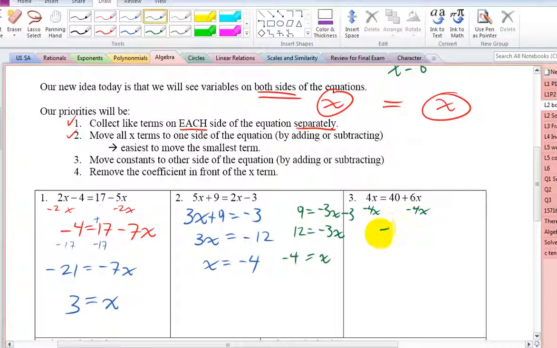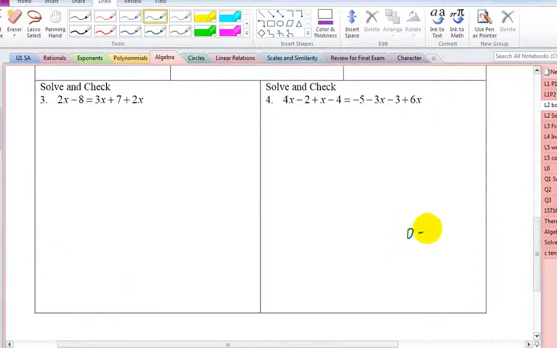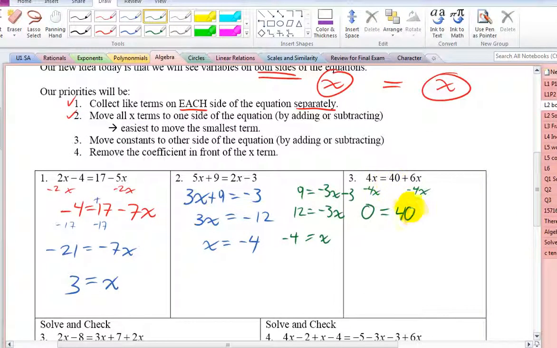What do we get on the left side then? When everything is gone, we have to write the big goose egg, 0. That's fine. This is the hard way, so I want to show you. Okay, and we get 40 minus, whoops, is that weird? 40 minus, sorry, plus 2x.